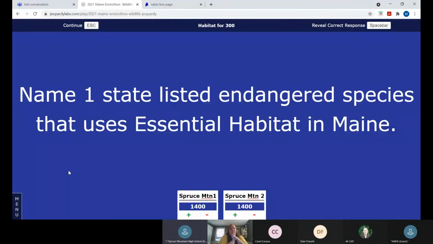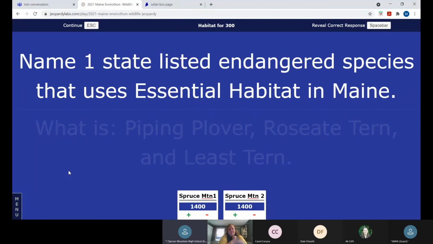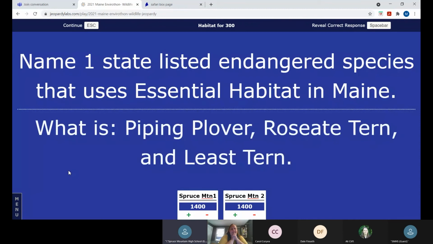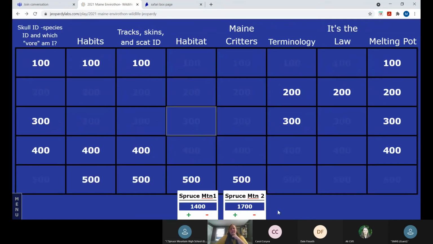The least tern? You got it. So the 3 are piping plover, roseate tern, and your least tern. Piping plover is still on the endangered list? It is. And everybody's been starting to put their fences up already at the beaches to protect that nesting habitat.